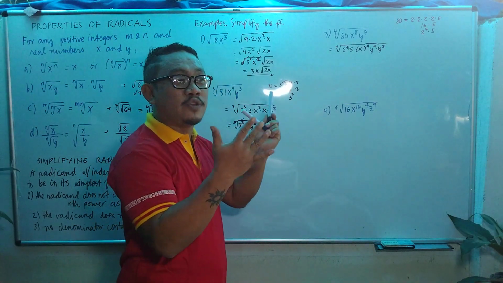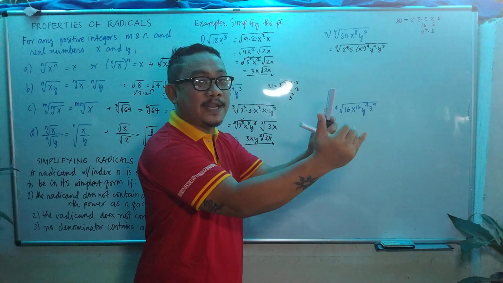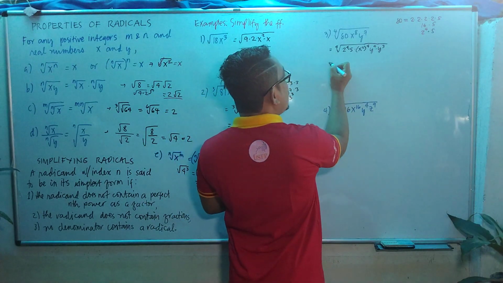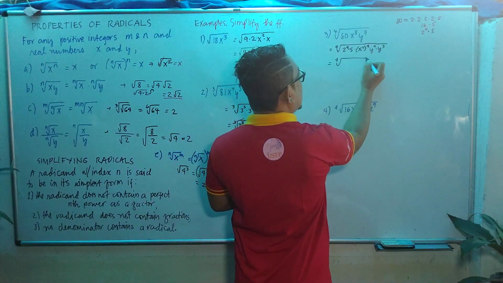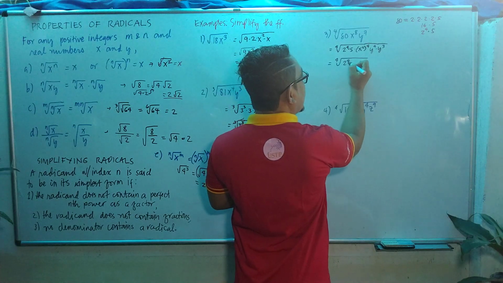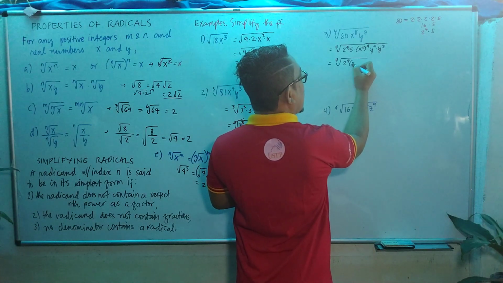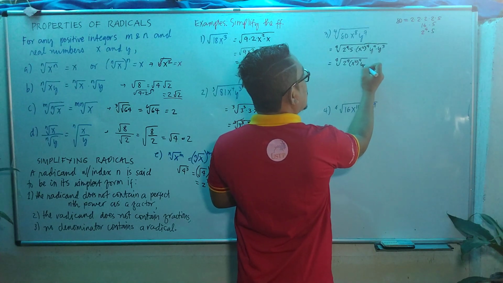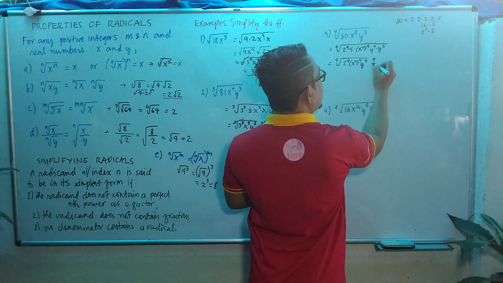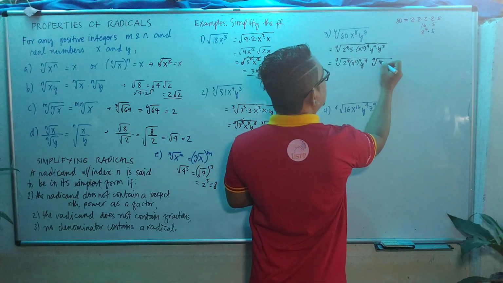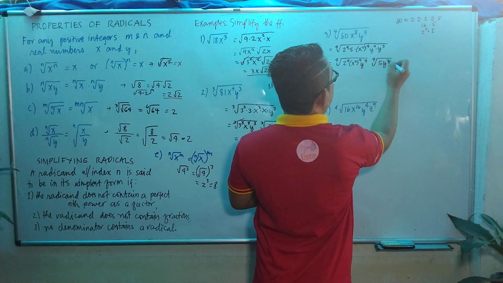So, we have here the fourth root of 2 to the 4th, x squared to the power of 4, y to the 4, and the other, the fourth root of 5, then y cubed.